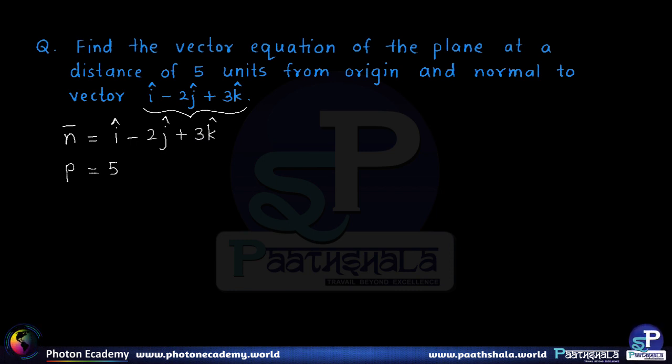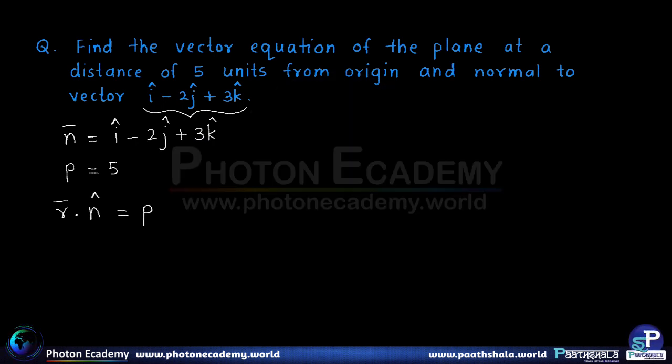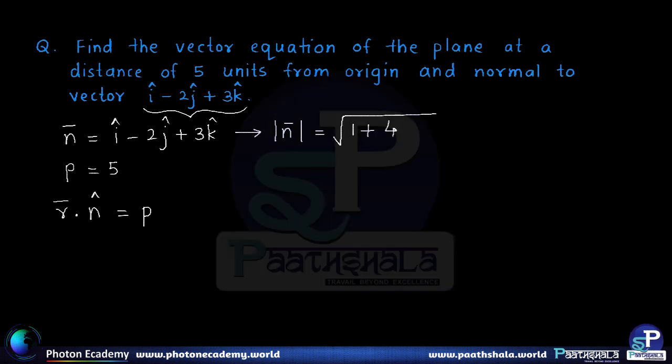Now as per the normal form, it's given by r bar dot n cap is equal to p. We must have a unit vector here itself. So since n bar is given to us, let us first calculate mod of n bar, that is its magnitude, which turns out to be root of 1 plus 4 plus 9, that is nothing but root 14, and hence n cap, as we know, is nothing but n bar divided by its magnitude.